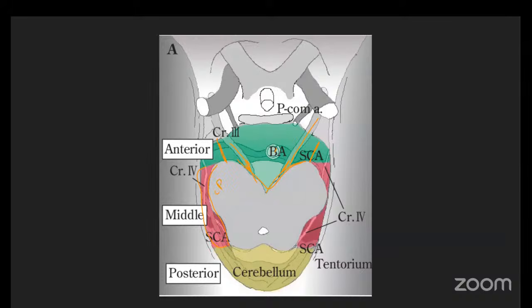Crus cerebri. And this here is the midbrain. This here is going to be the temporal lobe, along with the free edge of the tentorium. And then we have the posterior incisural space, which is more or less the pineal region. It's going to follow the posterior surface of the midbrain and the tentorial notch here.